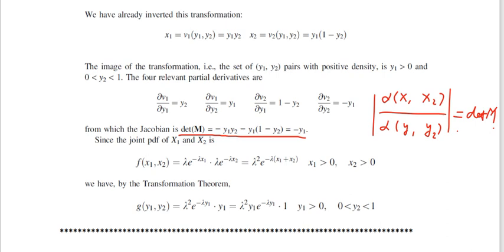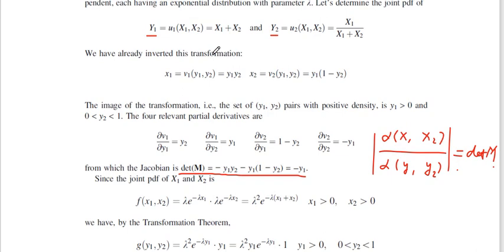So the idea is the same, but there is lots of calculation. At first, we need to solve x1, x2 in terms of y1, y2. So we regard x1, x2 as functions of y1, y2. Then we take the partial of x1 as a function of y1, y2.